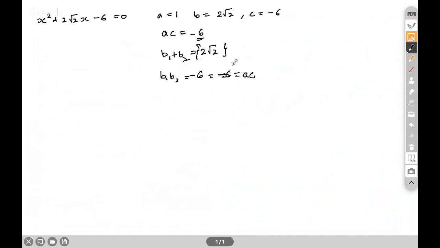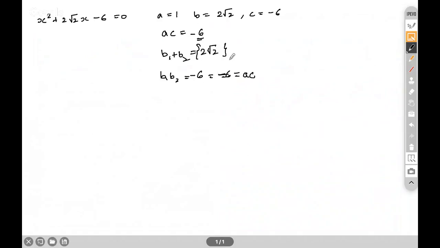Now, how can that be possible, that a sum of two numbers is irrational but product is rational? That can be possible only when you eliminate the irrational part from here. And that is possible only when I multiply root 2 by at least root 2. But now the sum must be 2 root 2, but the product must be negative 6.